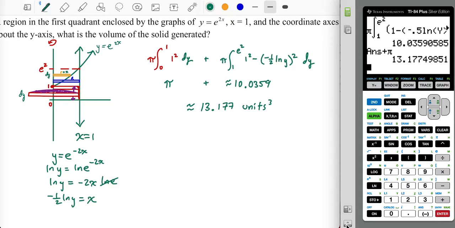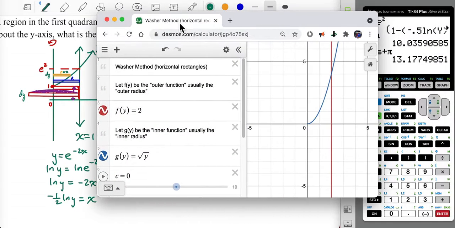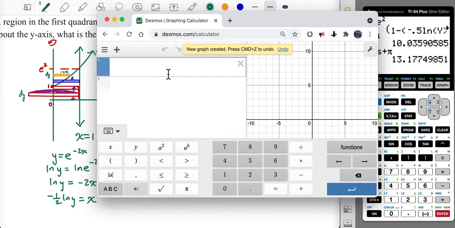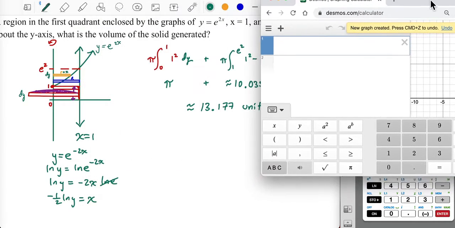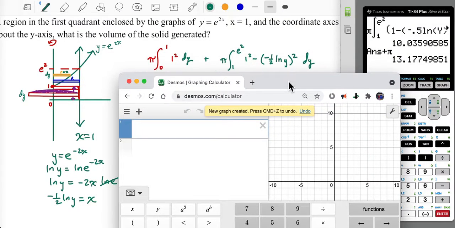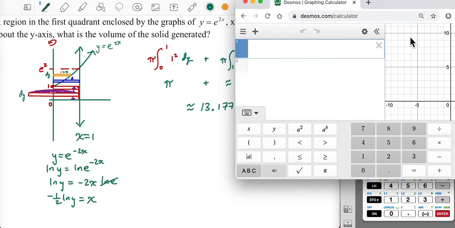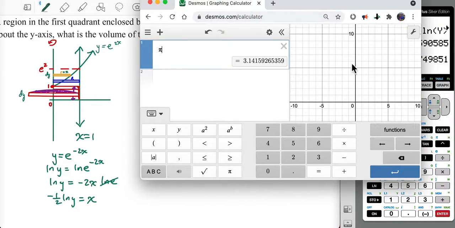All right, so let's get Desmos into the party here. I'll do it all in one, well, maybe not one shot, but I'll do it all in one line. All right, so pi, integral over the interval of 0 to 1.